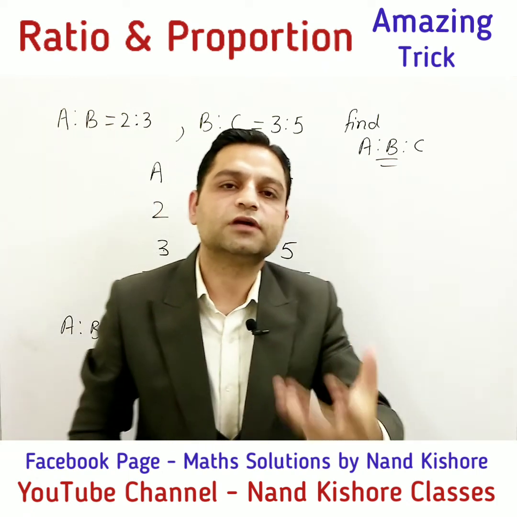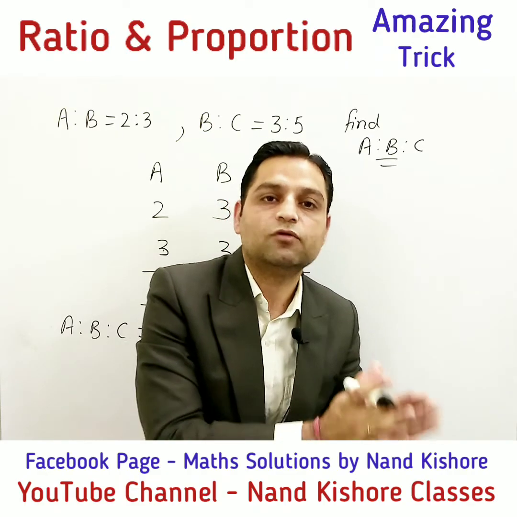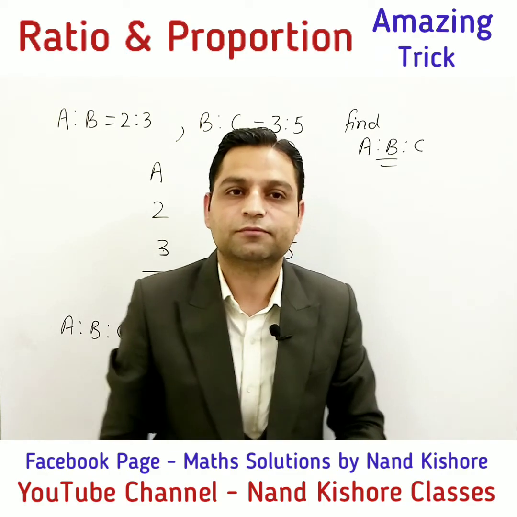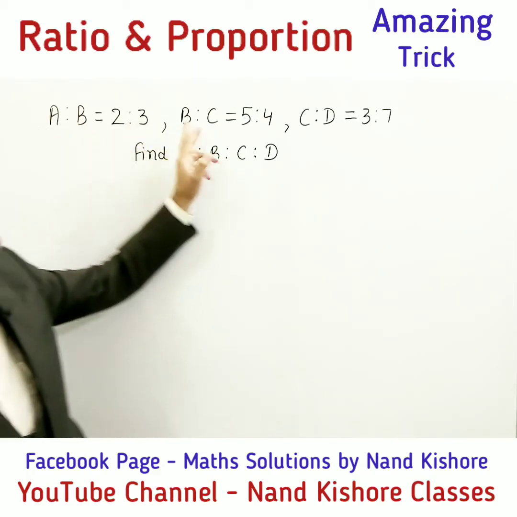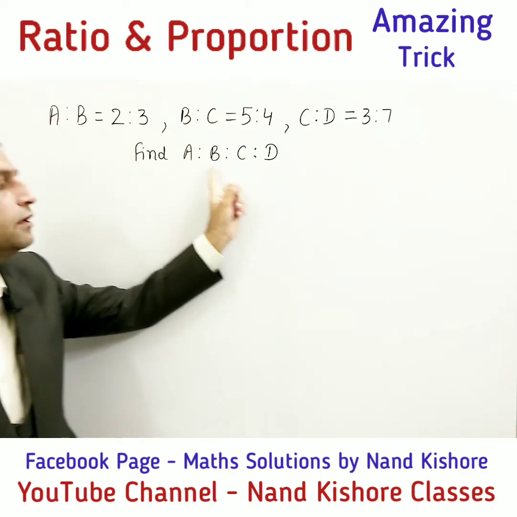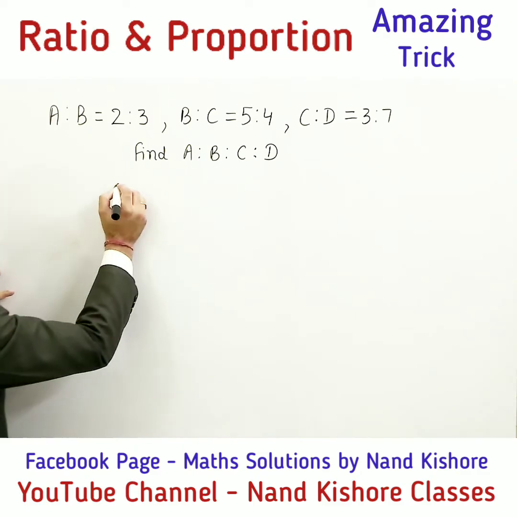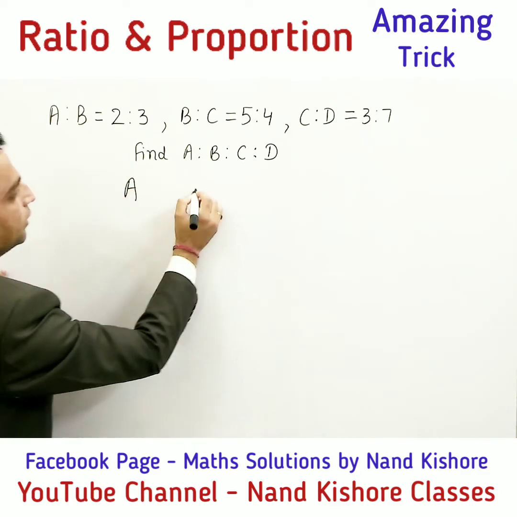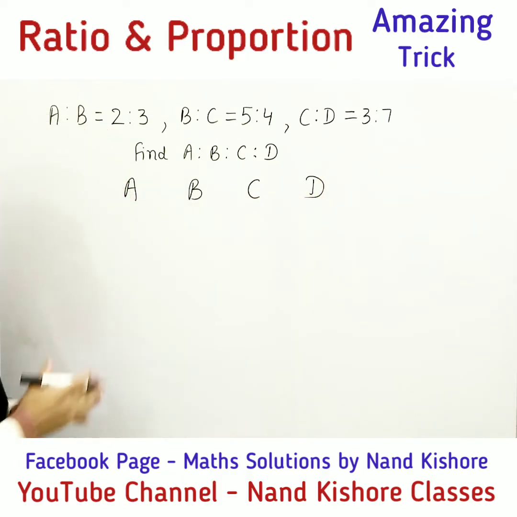Now we are going to study a few examples where four values, A, B, C and D, are involved. Look at this question. When A ratio B, B ratio C and C ratio D are given, we need to find A ratio B ratio C ratio D. The same method will be used which we have just done. Write all these 4 values.